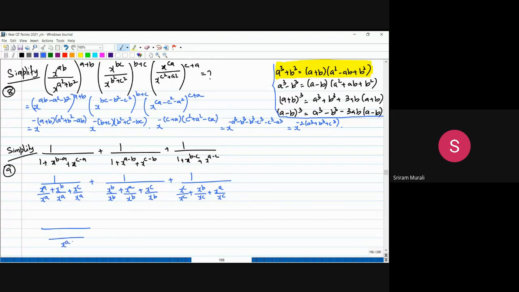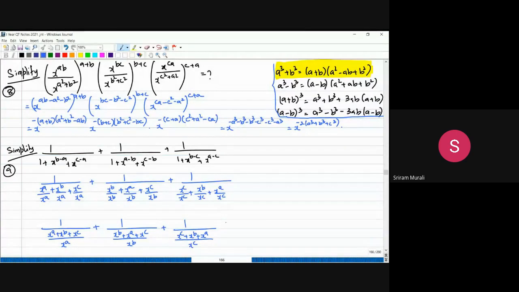X power a. What is the numerator? X power a plus x power b plus x power c, plus 1 divided by x power b plus x power a plus x power c by x power b, plus 1 by x power c plus x power b plus x power a divided by x power c.